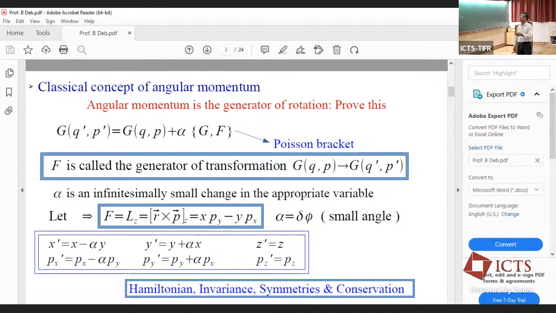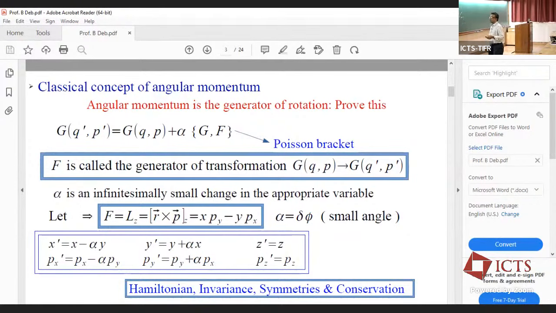Suppose I'm considering any classical function of canonical variables, say Q and P. It could be X and P, or X and PX, or many generalized variables.